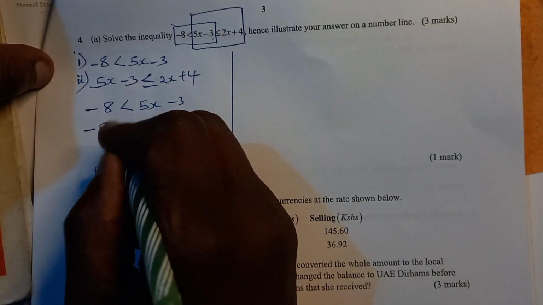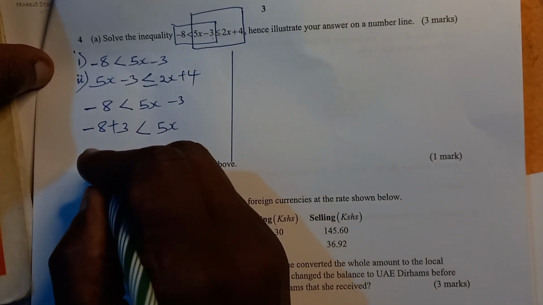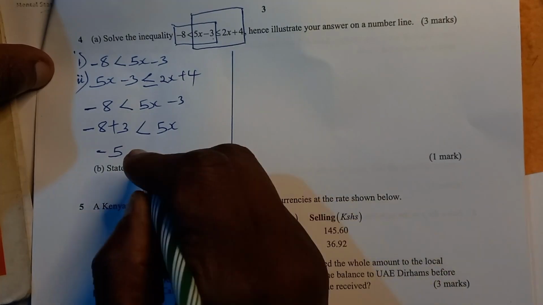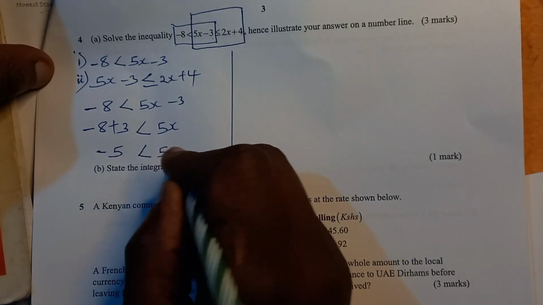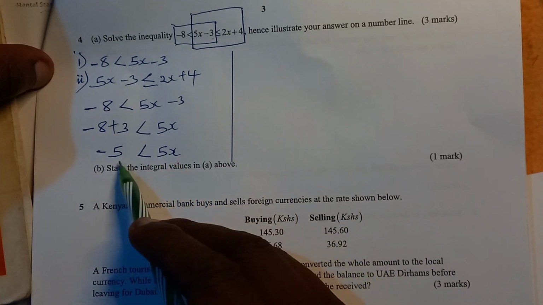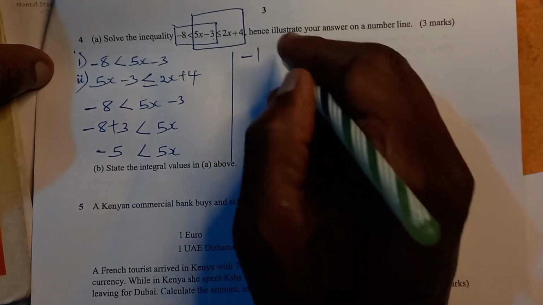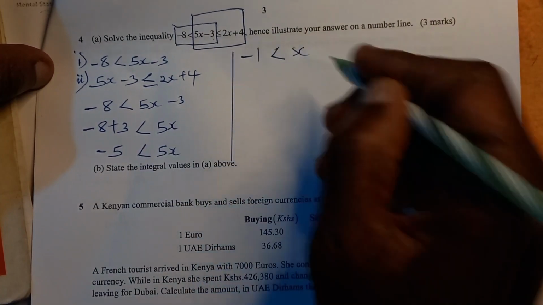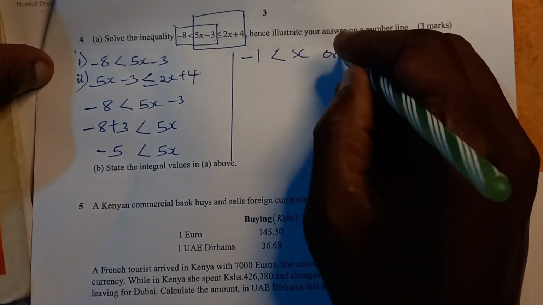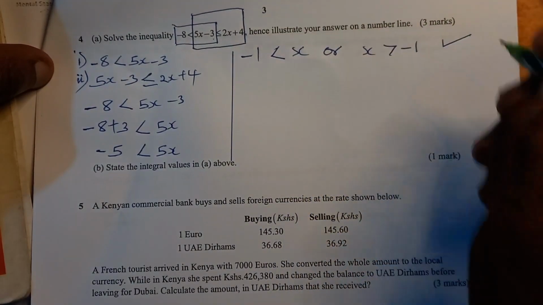So -8 + 3 < 5x, which gives -5 < 5x. To get x, divide both sides of the inequality by 5. We shall have -1 < x, which is the same as x > -1. That is the first one.